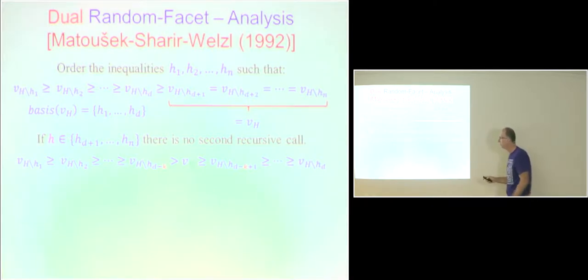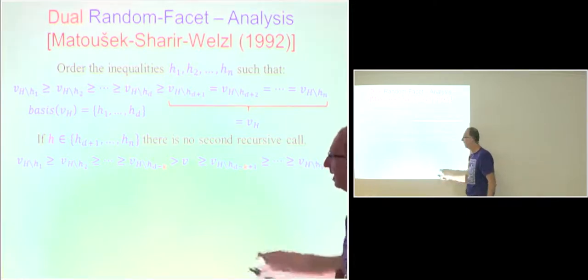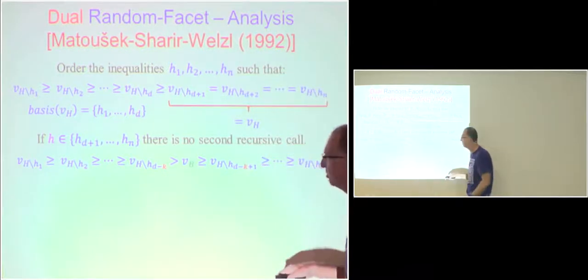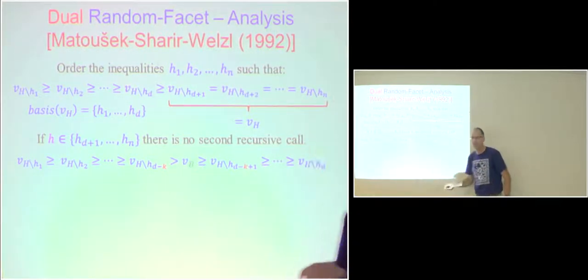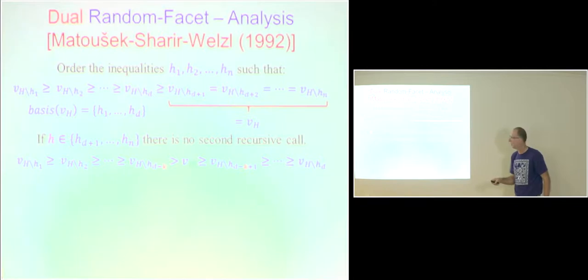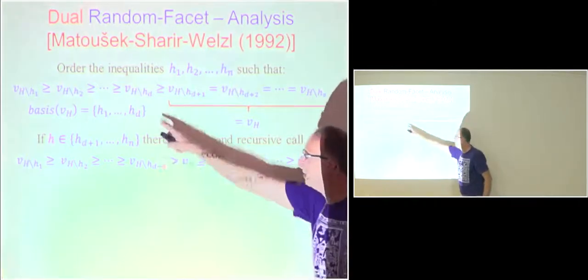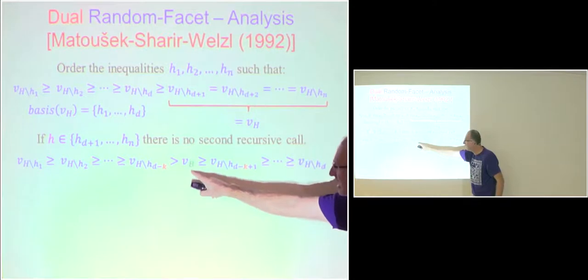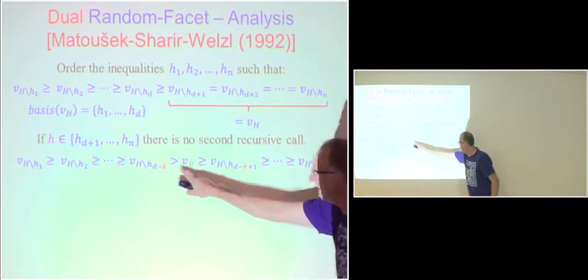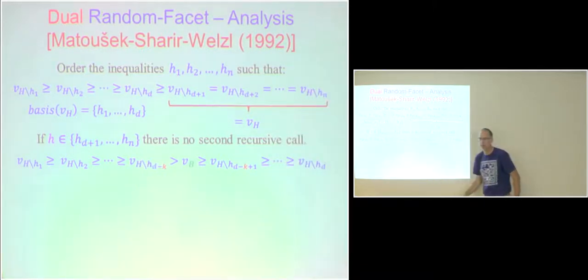Now, what can we say about the relation of b and these inequalities h1, h2 up to h d minus k? Any idea? No, so they are in the solution. This is how we define them. But they must be in B, right? Because if they were not in B, then v of b would not be smaller than all these.